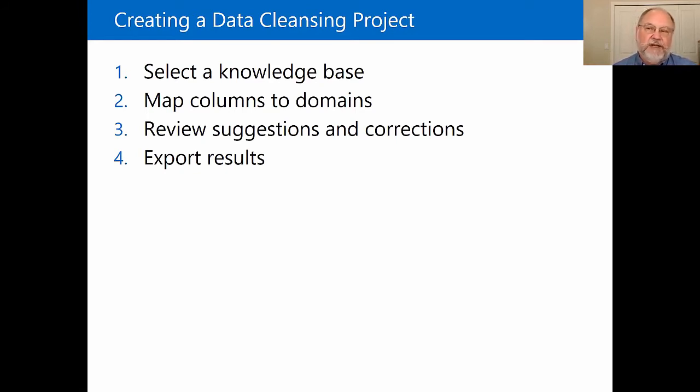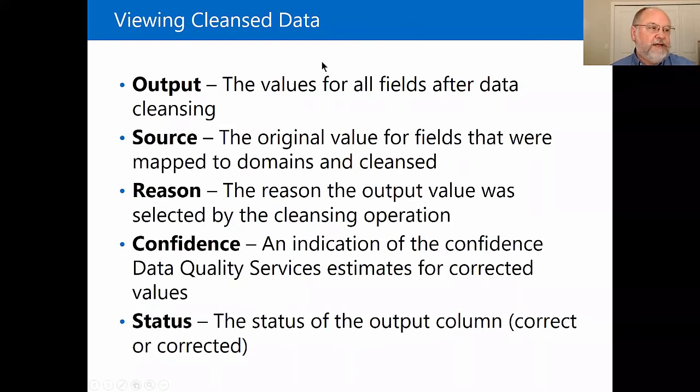And in our case, we're going to export it to a spreadsheet, and that spreadsheet is going to become our stage for our warehouse. For every column in my source data that I map, the cleansed data is going to have 5 columns output. The output column, so if it's city, it would say city_output, would be the name of the column.